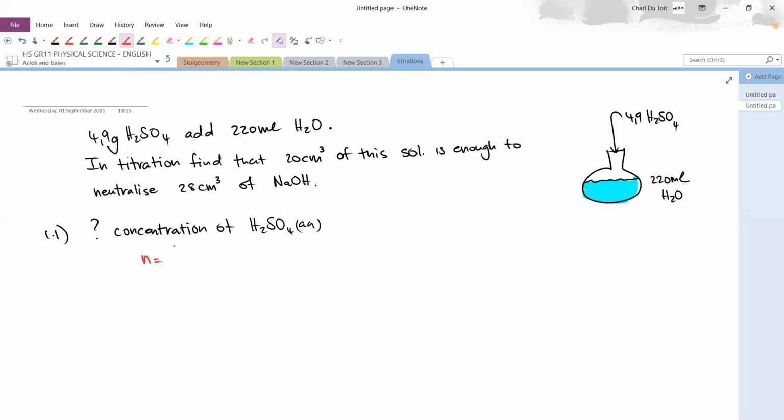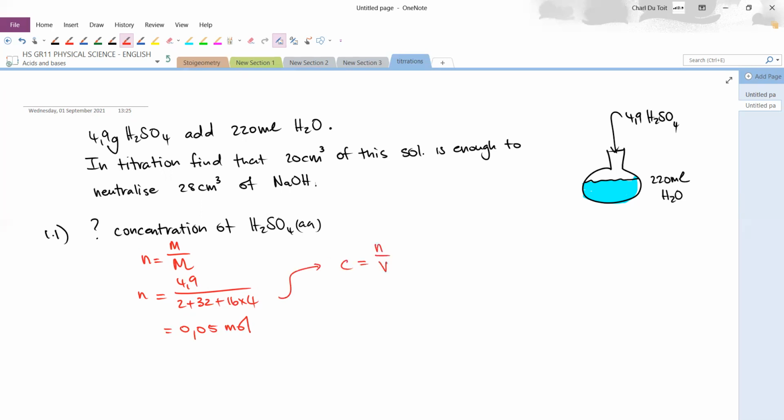Molar mass is 2 plus 32 plus 16 times 4, which should give you about 98. I'm just going to type it straight into my calculator, all of that. That gives me 0.05 mole of acid.